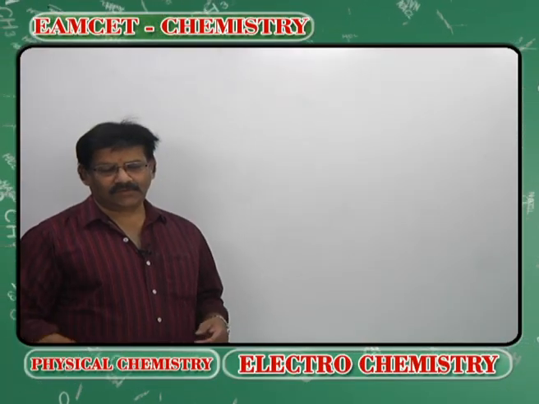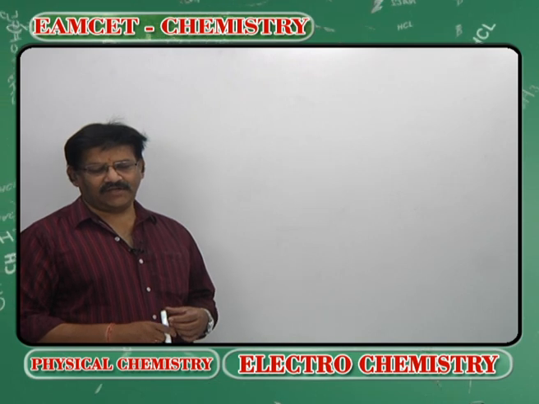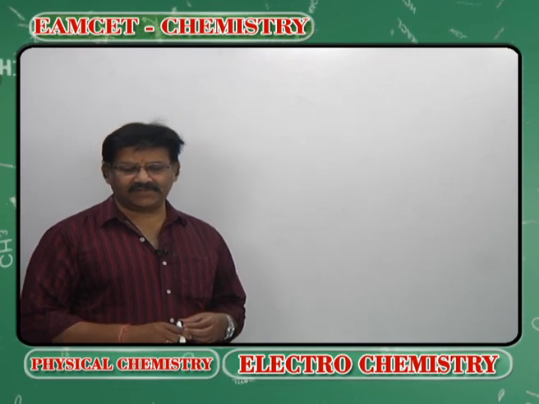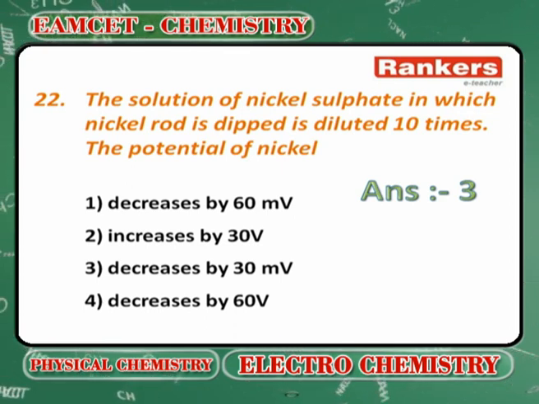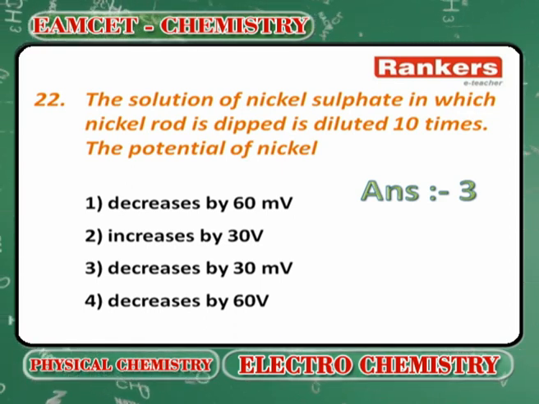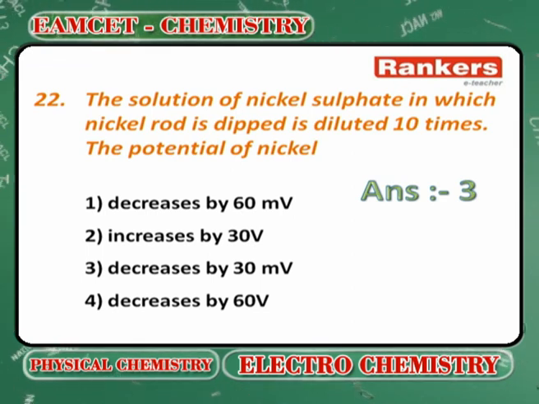Also, the next question: the solution of nickel sulfate in which a nickel rod is dipped is diluted 10 times, then what happens to the potential of the nickel? The potential of the electrode depends upon the concentration.